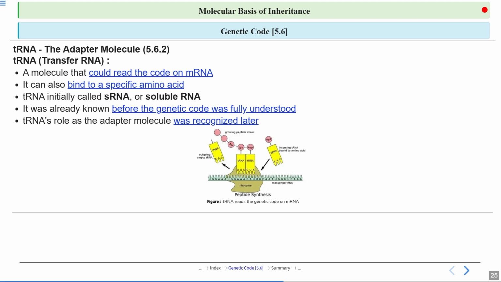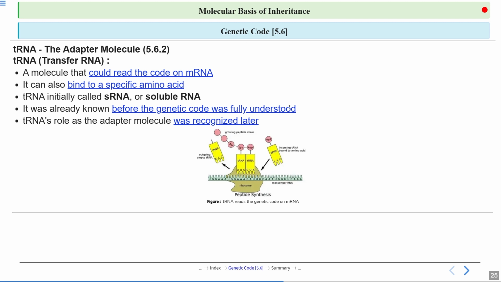First, that molecule reads the genetic code, and second, it goes and attaches to that specific amino acid. But at that time, they didn't know that it is tRNA. They knew this tRNA, but with the name of sRNA, that is soluble RNA. But when they got to know about the genetic code properly, then they understood this tRNA's role as the adapter molecule.